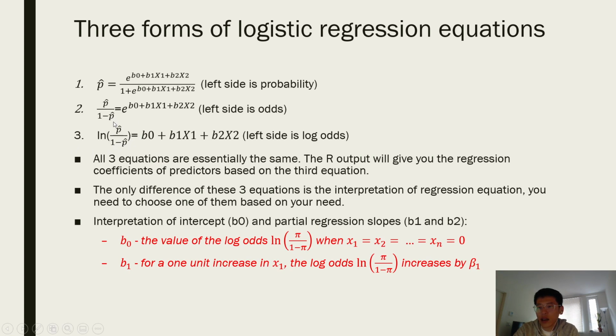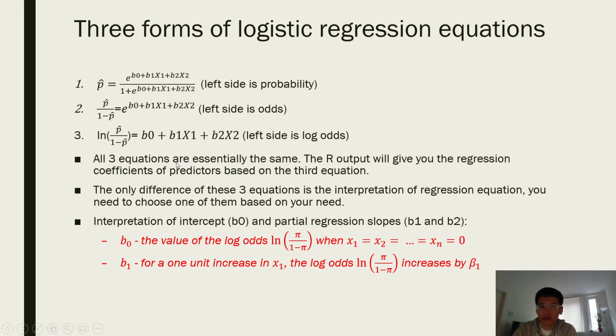On the left hand side is the log odds, which is also called logit. So in this case, you can directly interpret the parameters, the coefficients, in terms of logit. That's how the relationship between the predictors and the probability of the outcome.